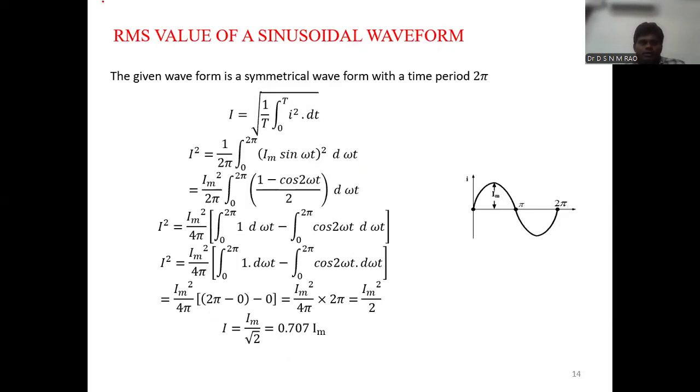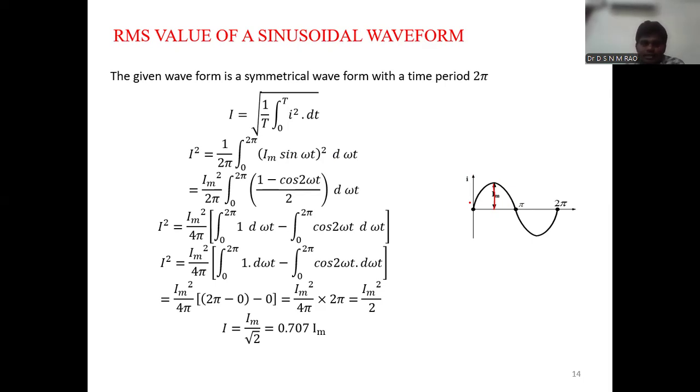Next, we are going to discuss the RMS value of a sinusoidal signal, the root mean square. For a given signal, the maximum value of current is taken as Im. If it is a symmetric signal, the RMS value can be calculated for half cycle or full cycle; both will be the same.